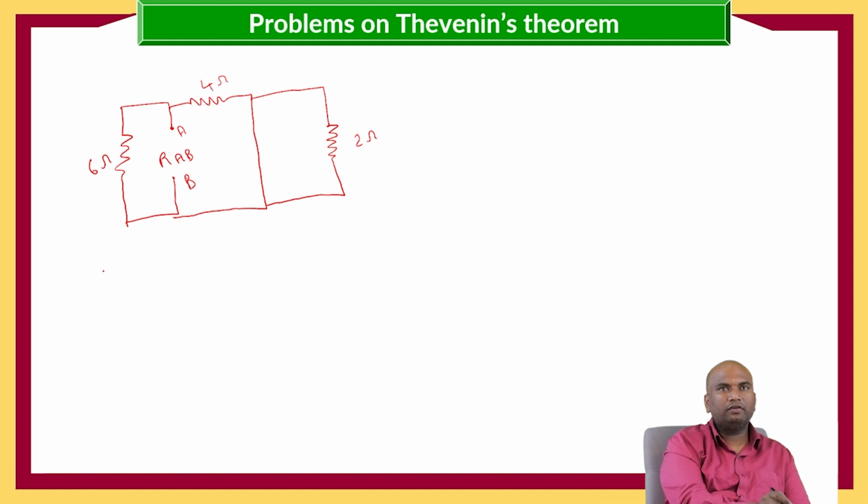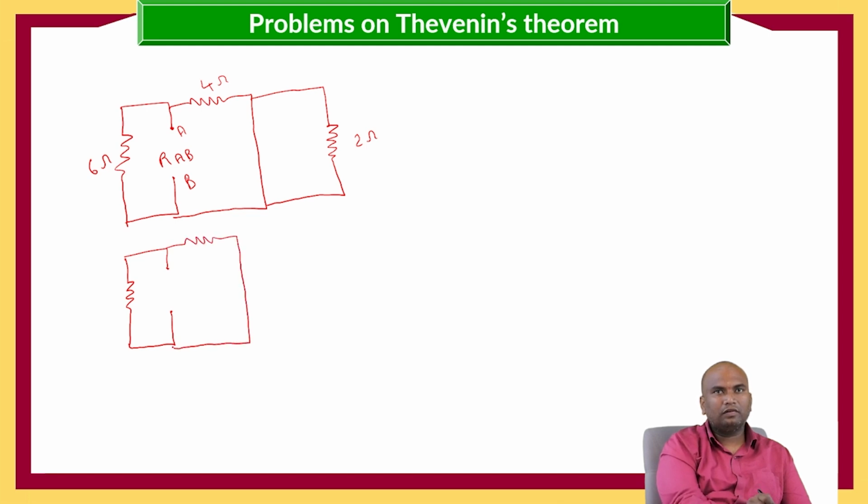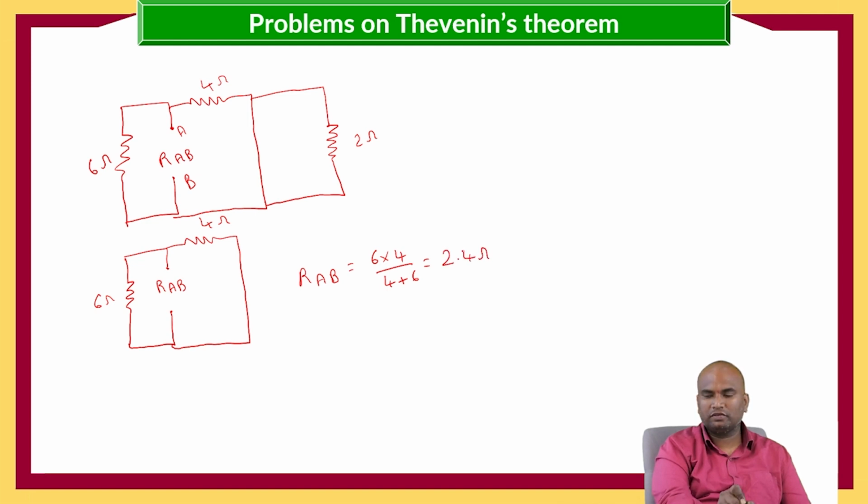So our circuit will become only a 6 ohm resistance, 4 ohms, 6 ohms. RAB we need to calculate. Now we can say that RAB is equal to, these two resistors are connected in parallel. That is 6 into 4 by 4 plus 6, that is equal to 2.4 ohms.